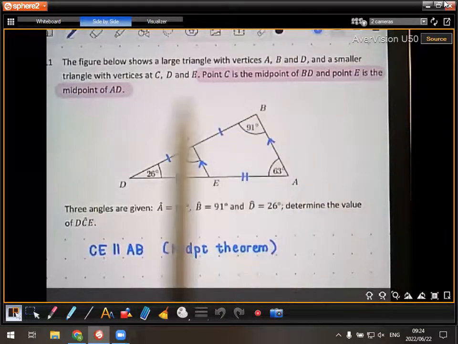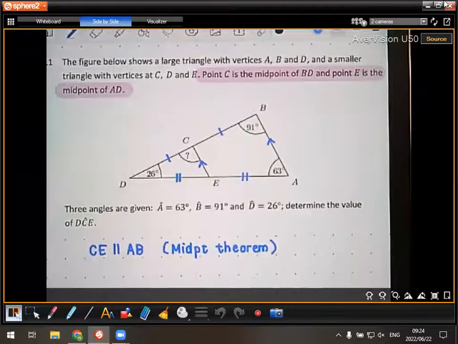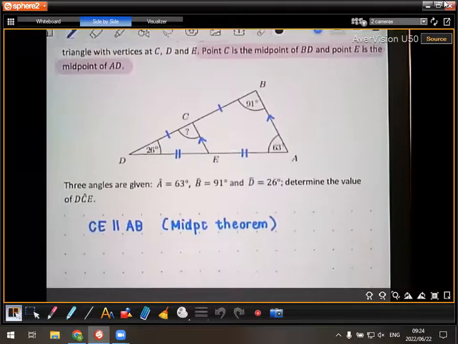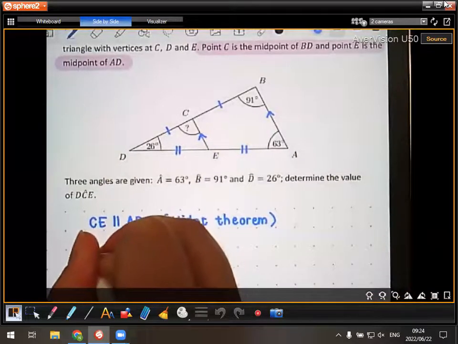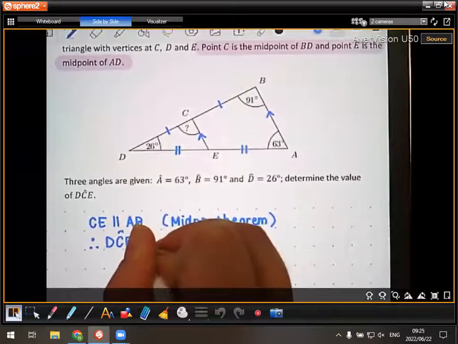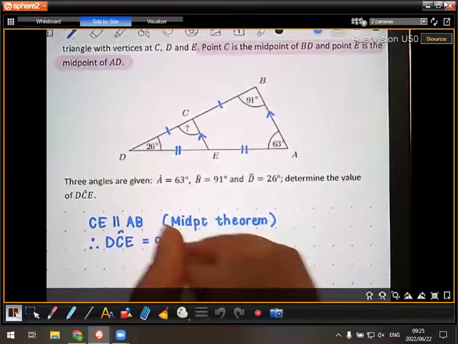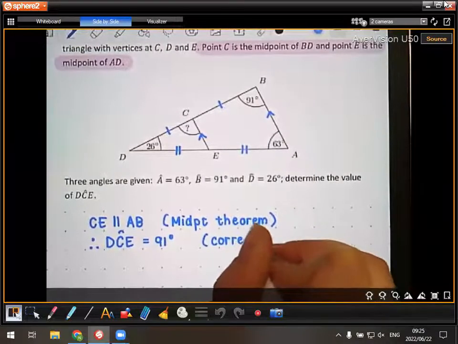By them giving us this last sentence here, they've already stated that. All right, so all you need to write is that CE is parallel to AB, midpoint theorem, and now we can use that X shape, right? Corresponding angles. So therefore, DCE is going to be equal to 91 degrees. Corresponding angles.